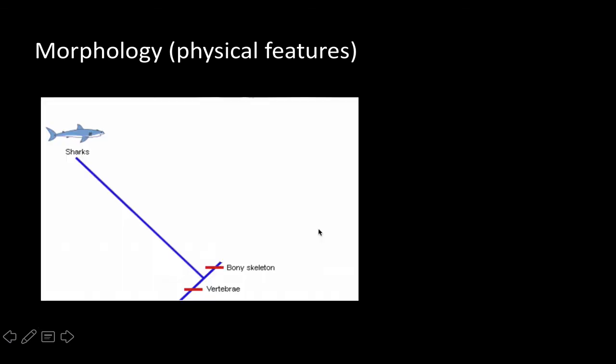All right, so the way you create a cladogram with morphological features is you start with a common ancestor. So down here is a common ancestor, and the one thing that all the organisms past this point are going to have in common is a vertebrae. So the oldest common ancestor had a vertebrae, so in this case a backbone.